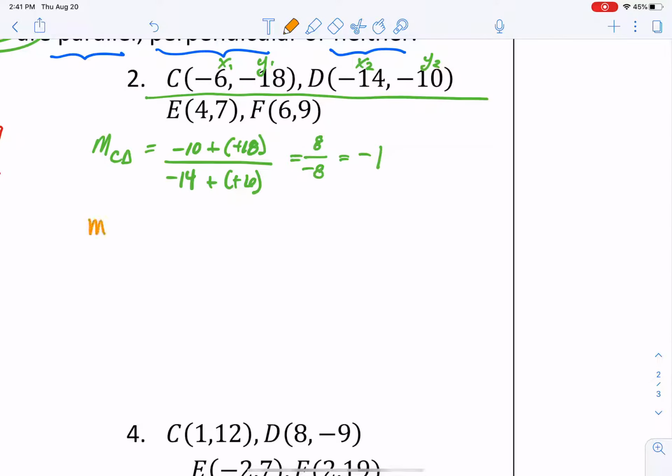So then we look at slope EF. x1, y1, x2, y2: 9 minus 7 over 6 minus 4. That's 2 over 2, that's 1.